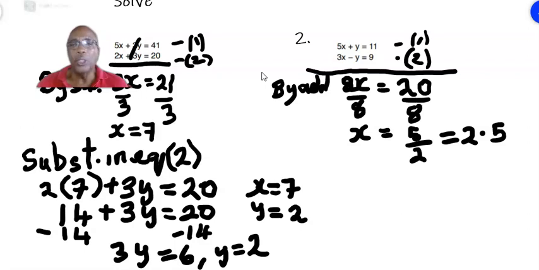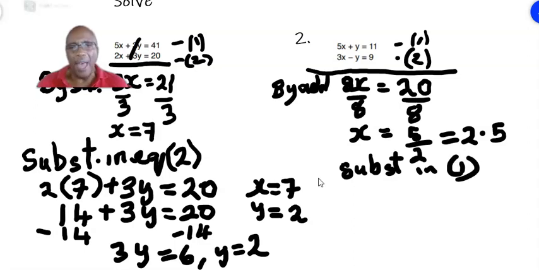We now substitute in any one of the equations, 1 or 2, to find y. Let us substitute in equation 1 to find y. So substitute in equation 1. x is 2.5.